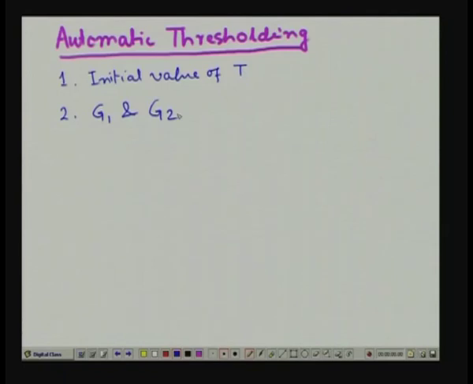Now, once I partition the image intensities into these groups G 1 and G 2, the next step is to compute the mean or average intensity value mu 1 for group G 1 and the average intensity value mu 2 for group of pixels G 2.